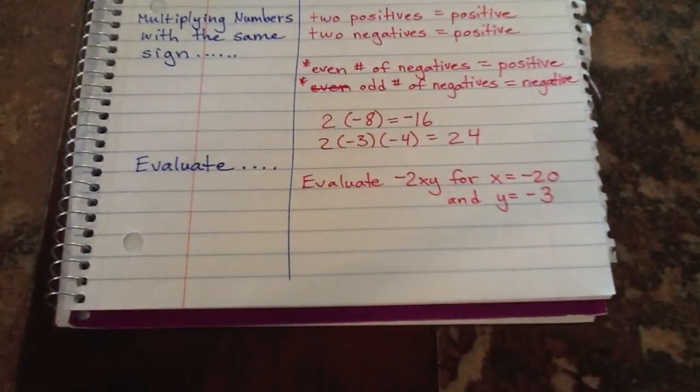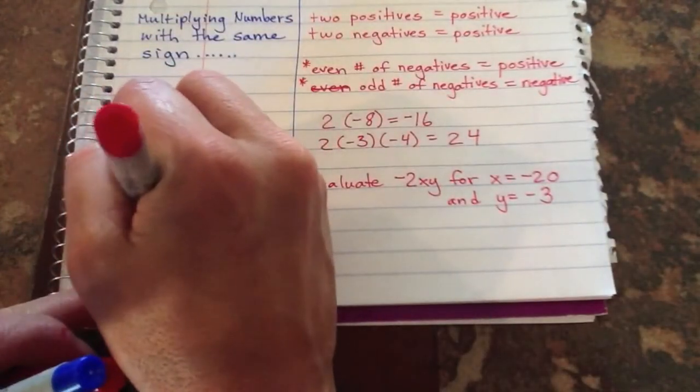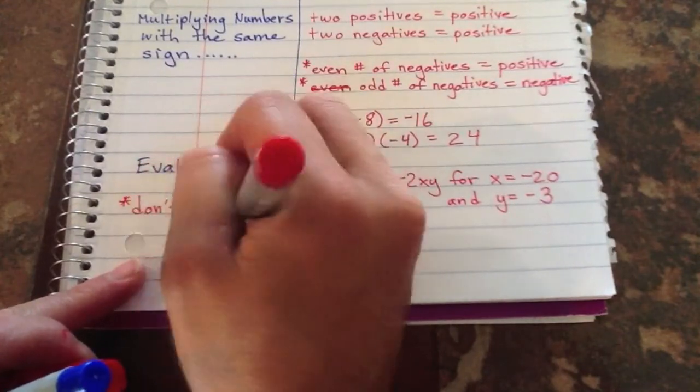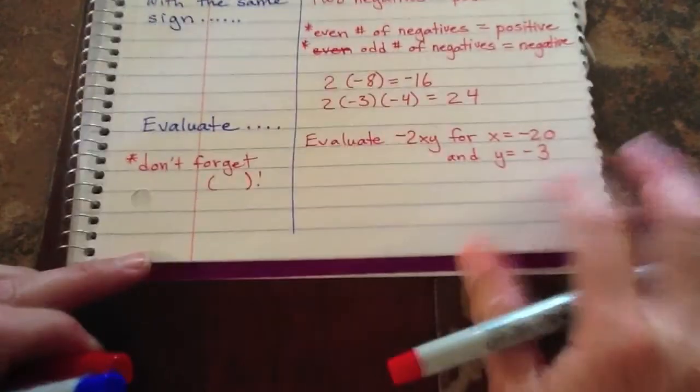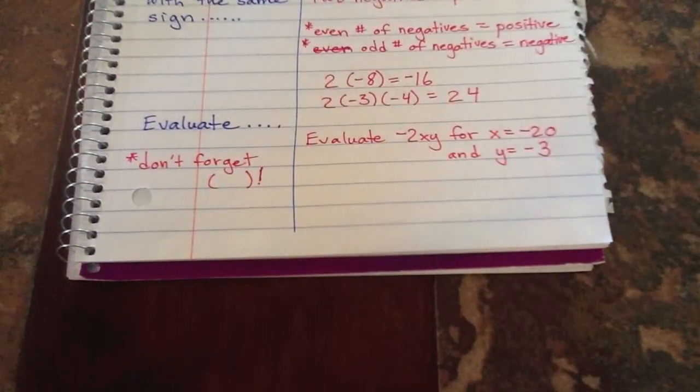You want to use that rule we've already talked about before. Just don't forget parentheses. So it's just more practice with that. Go ahead and try it, and then start the video again when you're ready to check it.